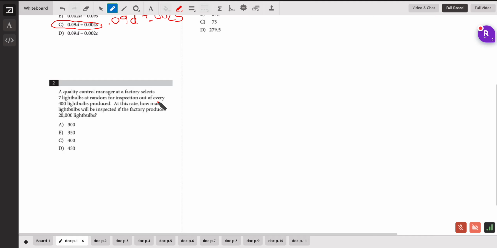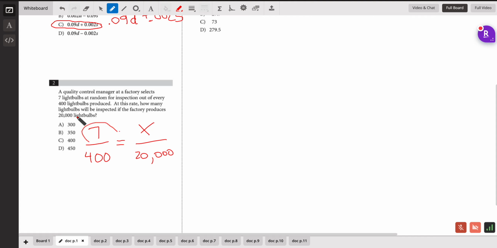We have 7 light bulbs out of 400, and now equal, it says how many will be inspected if the factory produces 20,000 light bulbs. So we're going to figure out x over 20,000.